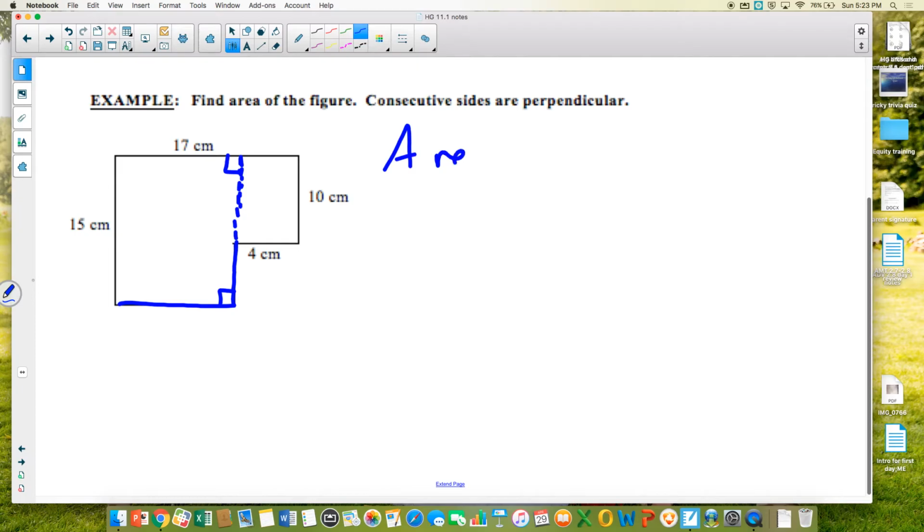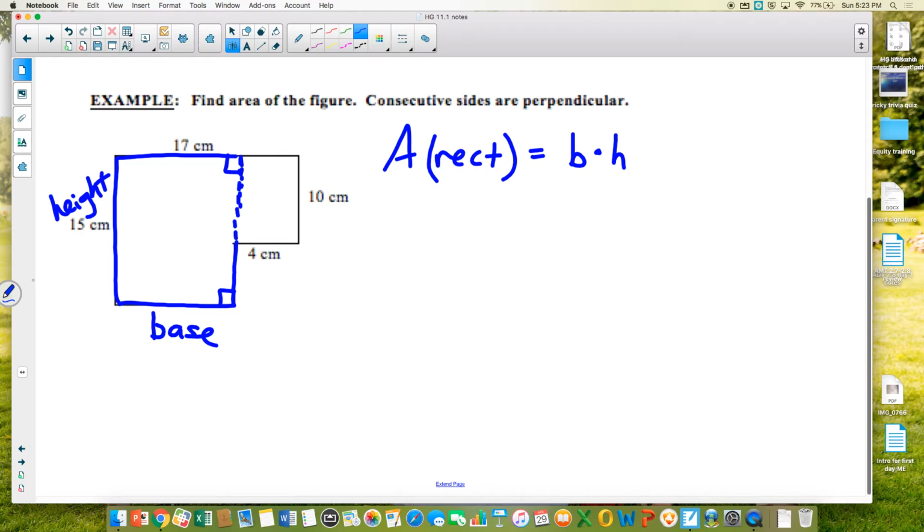Area of a rectangle, remember, is base times height. So we're going to find the area of this blue rectangle on the left. We can find the base and multiply it by the height. I'll give you a second. Try to think, how would you find the base?